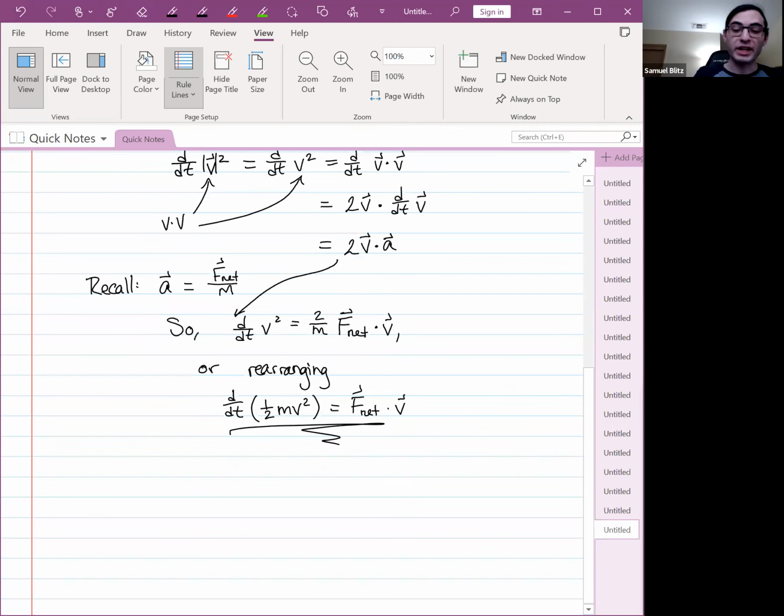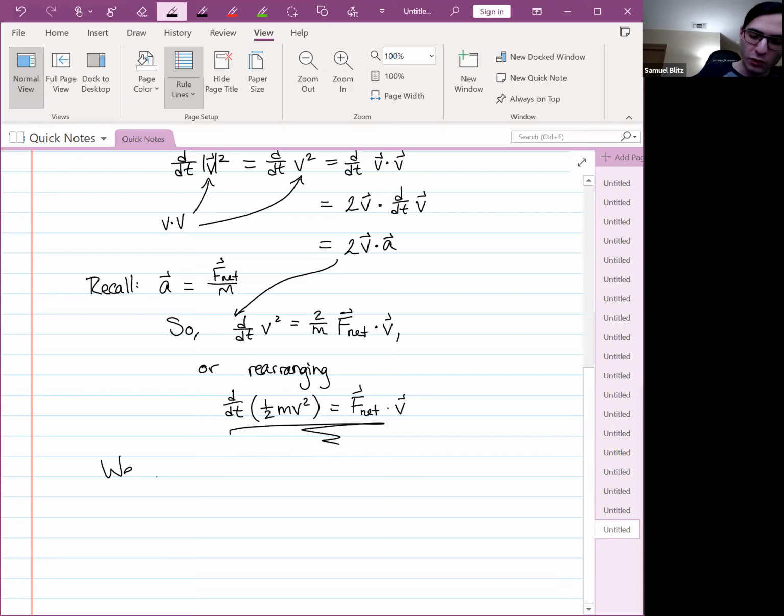So this is great. It tells us how much 1/2 m v squared changes by, but we don't exactly want that. What we want is to know how much v changes by, and not just the rate. We want to know the change in v between two points in time, or between 2 locations.